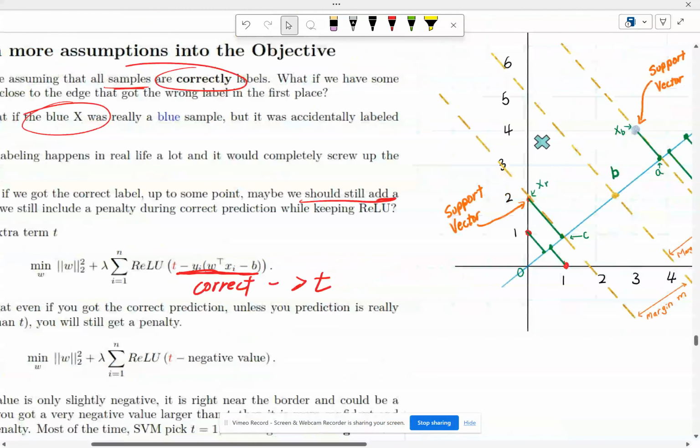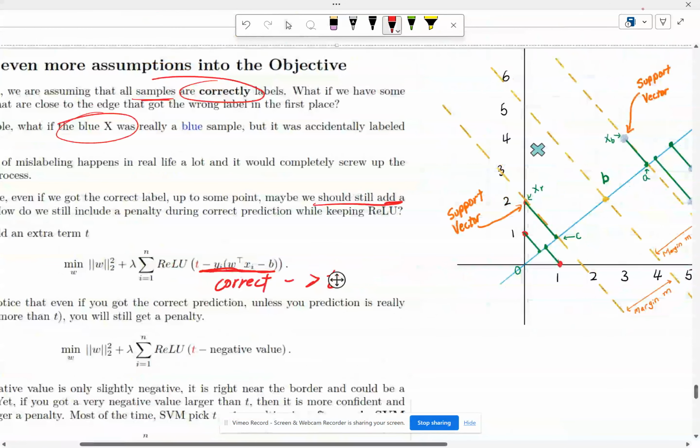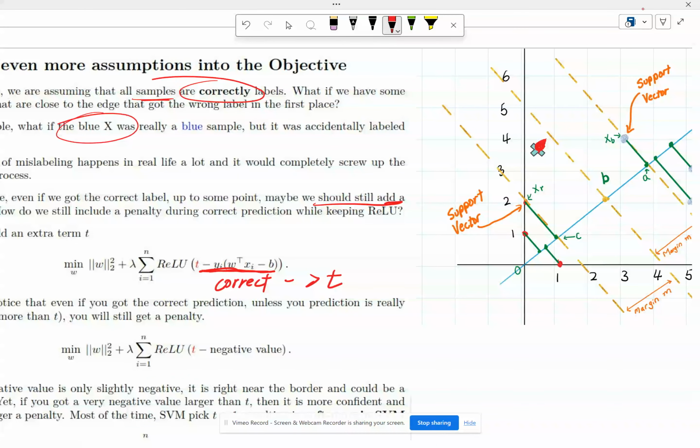Okay, so what that's saying is if you get something that's close to the edge, how close to the edge is still going to be a penalty. But after a point t, then you still don't care about it anymore. So it's kind of like a compromise between the two ideas we talked about. In the first case, if you got it right, then they really, really like that.